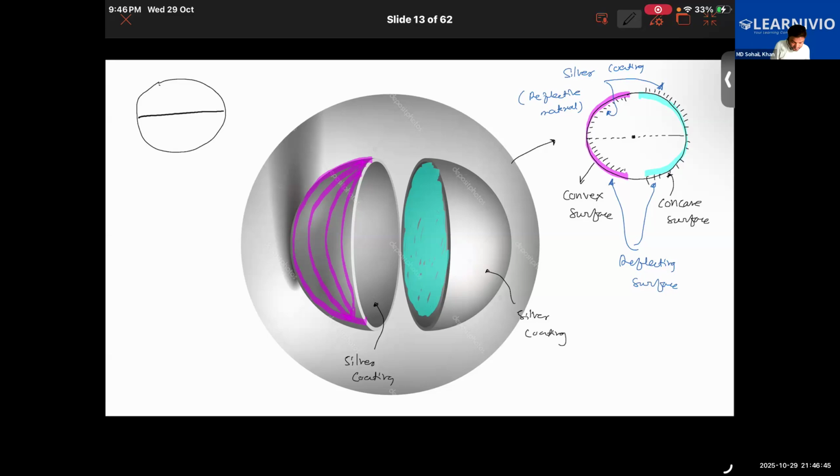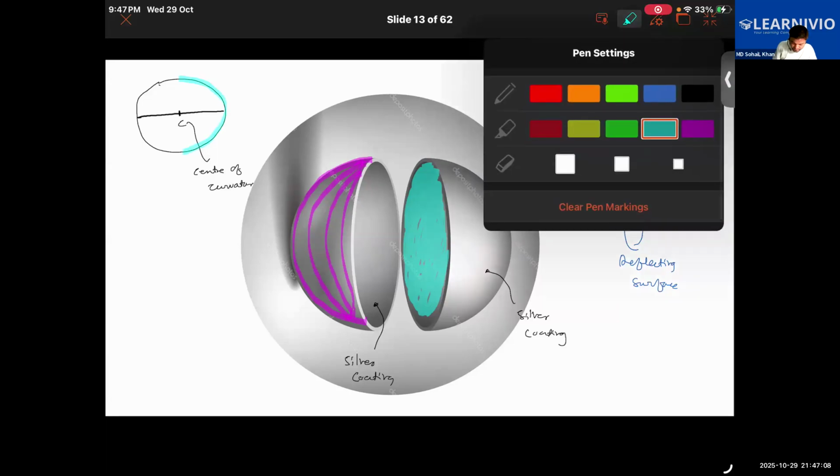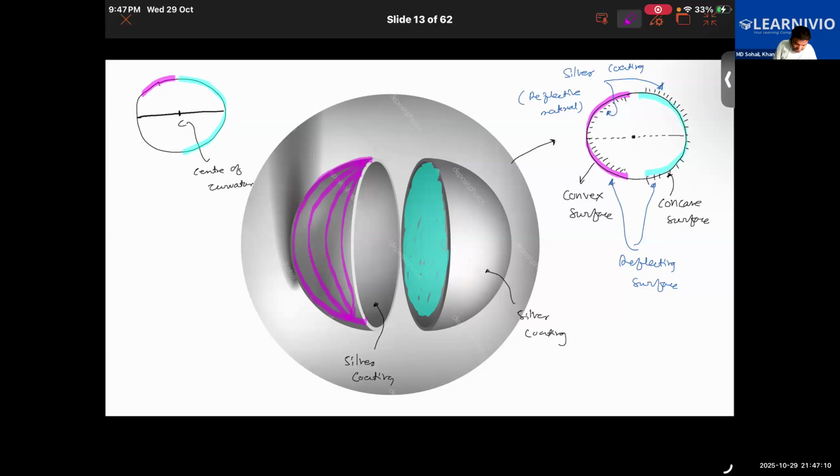This point in the middle, we call the center of curvature. And here we have taken two spherical mirrors out from this ball. Try to understand that.